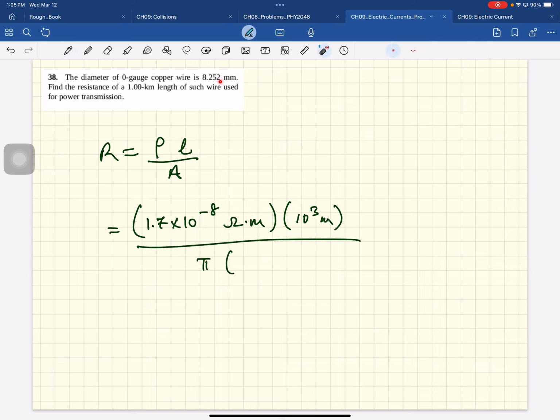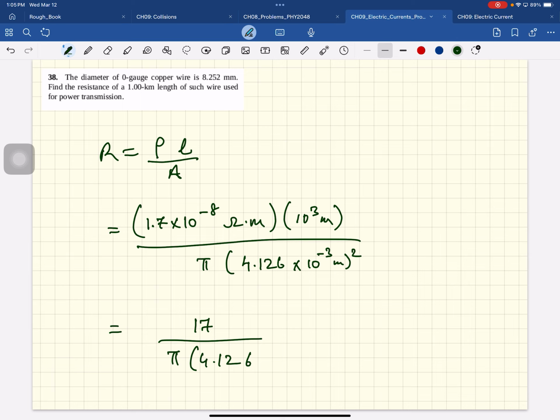R is half of this, 4.126 millimeters, square. All right, let's take your powers of 10. That's 10 to the minus 6. You get 10 to the minus 2, and then 10. And we'll multiply that 10 with 1.7. So 17 divided by pi into 4.126 square. And the units will be meter square, meter square cancel.